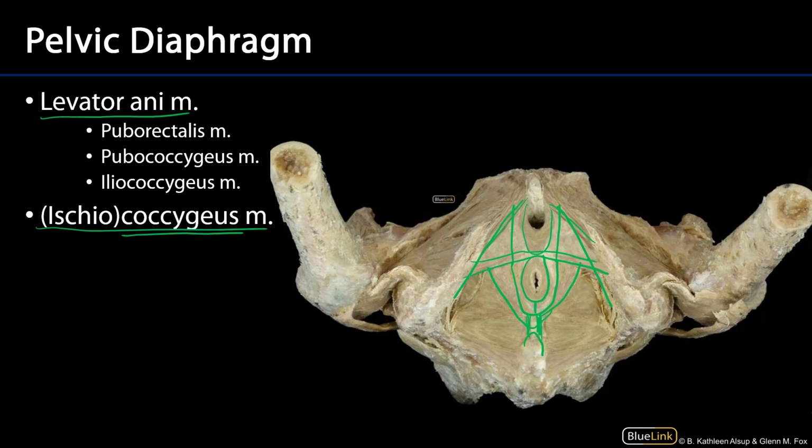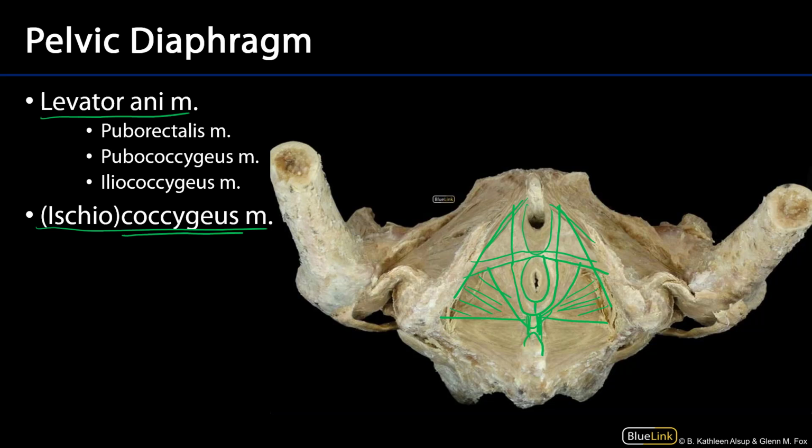The third and final part to the levator ani muscle are the Iliococcygeus muscles. The Iliococcygeus muscles are originating from that tendinous arc of levator ani and coming together to insert on the coccyx and that Iliococcygeal raphe. And you can see there are fibers running this way.